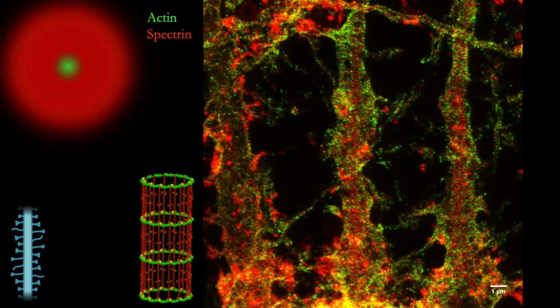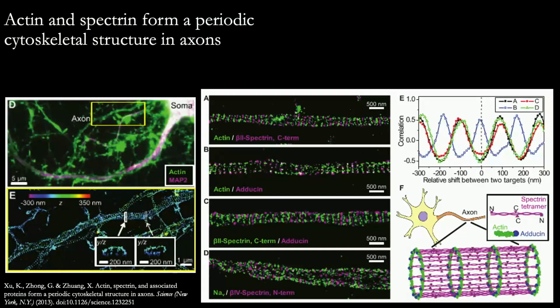And we were interested in understanding how this lattice contributes to cell function and how it reacts to changes in neuronal activity. And what motivated our work was the discovery of this F-actin lattice in 2013 by the group of Zhuang. And they discovered it first in axon.